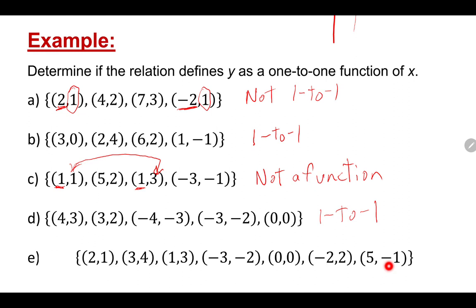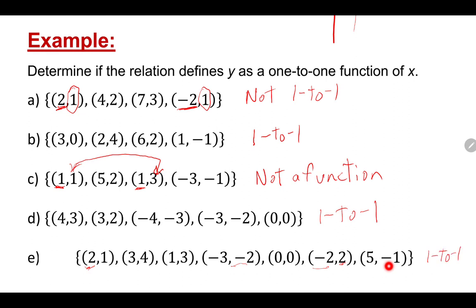This is negative 2, this is positive 2, positive 2, negative 2, no overlap. And then for the outputs, there's no overlap either, because this is 2 and this is negative 2. So just be careful when you're watching these and doing these. 5 and negative 1. 5 doesn't match any of my x's. Negative 1 doesn't match any of my y's. This is one-to-one.